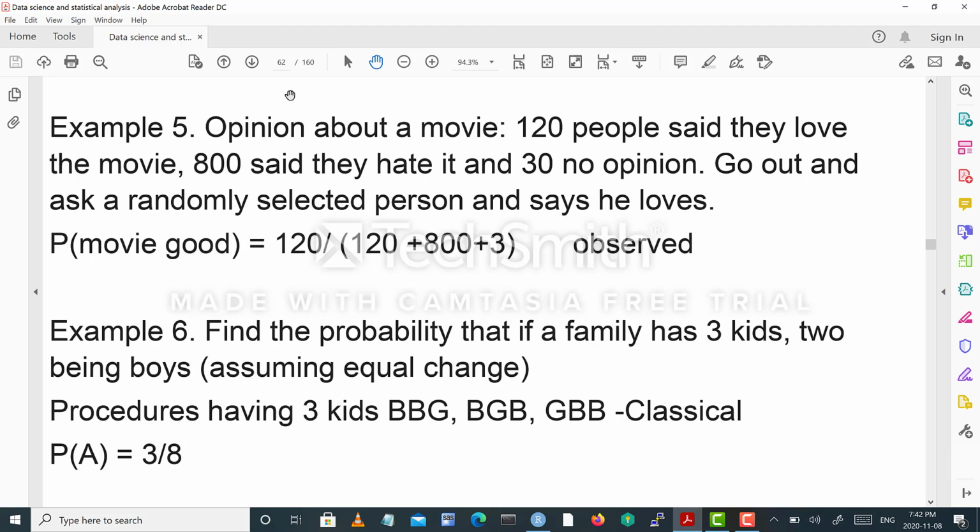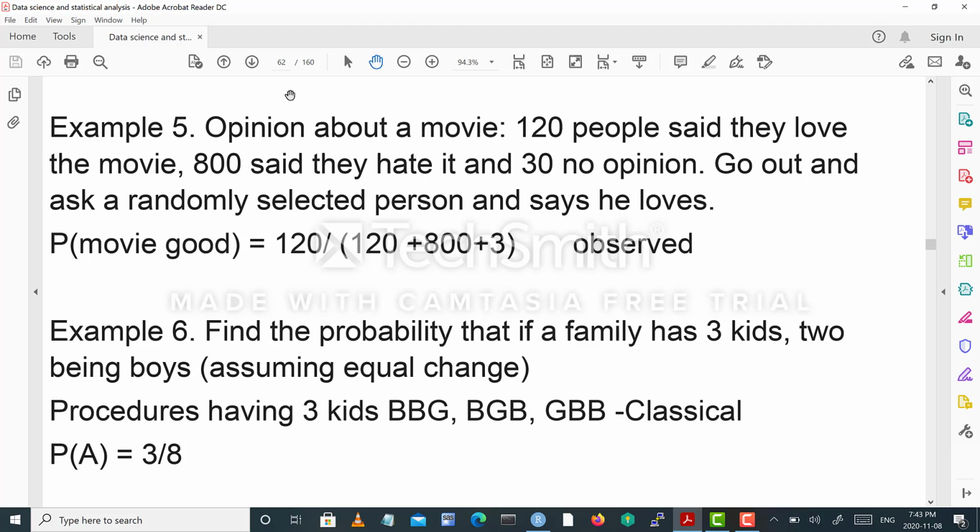If we go out and ask a randomly selected person and he says he loves it, then the probability of the movie being good is equal to 120 divided by 120 plus 800. Of course, we have plus 30 here, not 3. So this gives us the probability of how favorable the movie is.